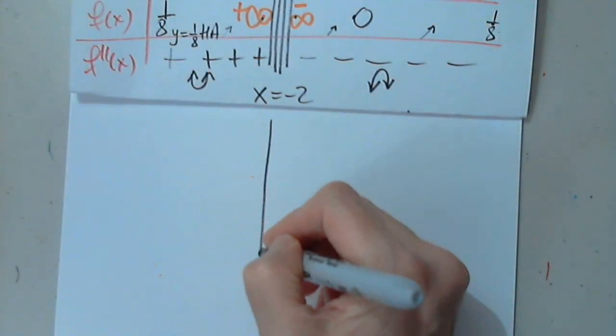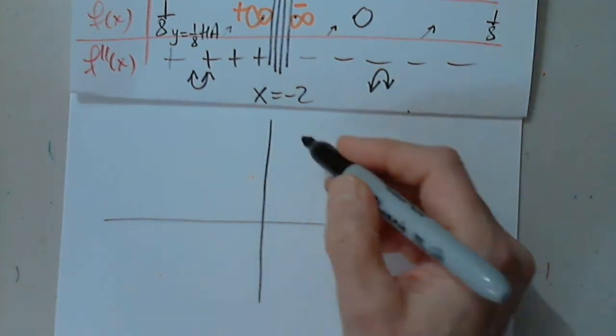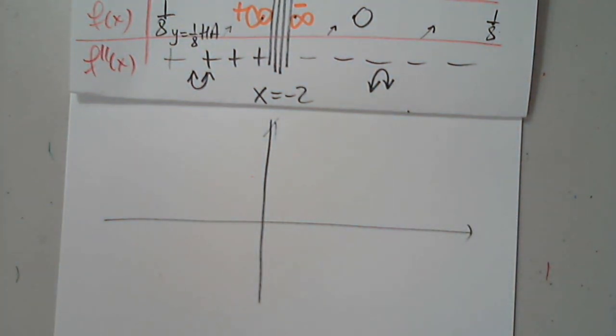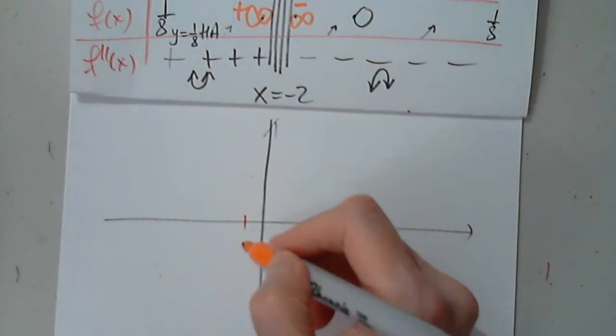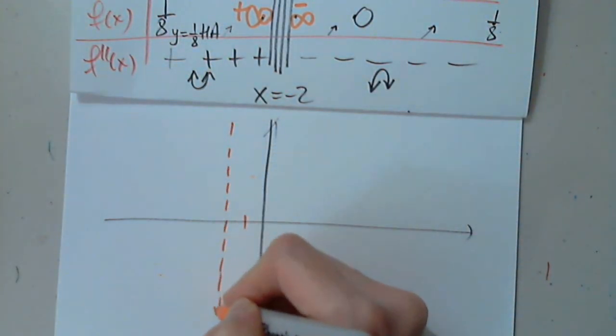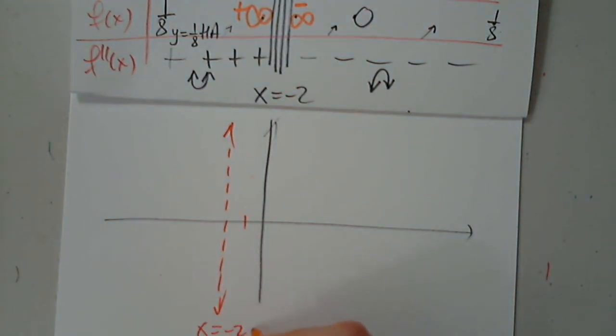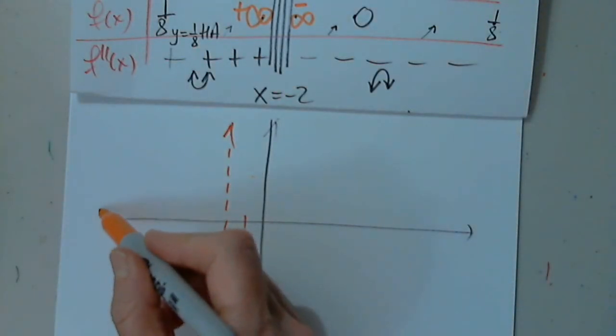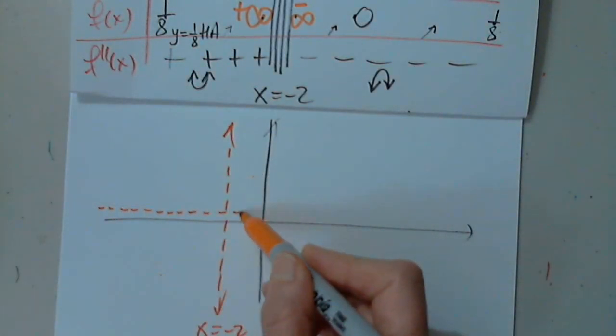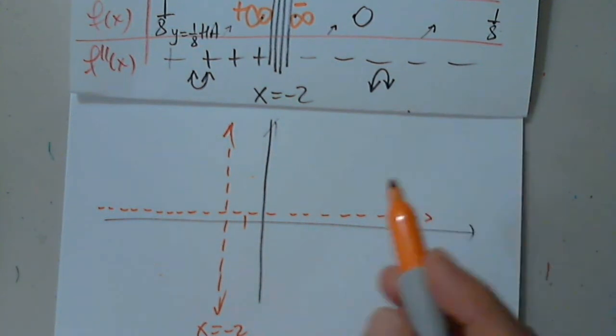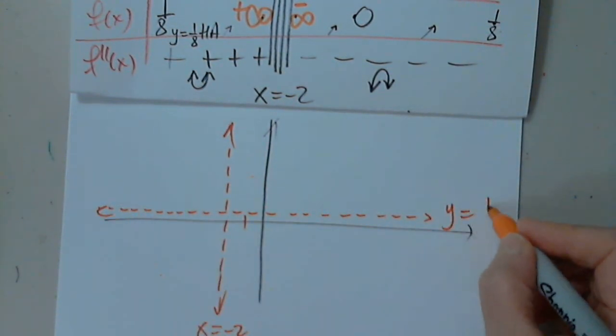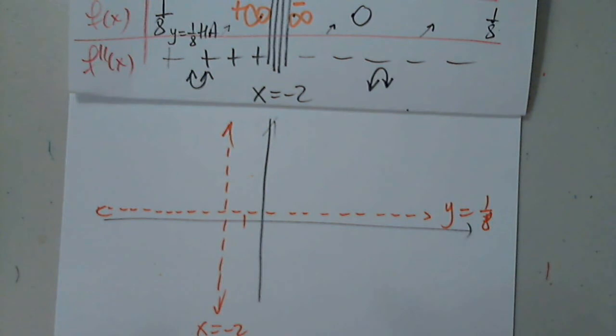Good, so I'm graphing the function. First I graph the asymptotes. -2. And y equals 1/8. Well, that's difficult, but let's say this is y equals 1/8. Good.